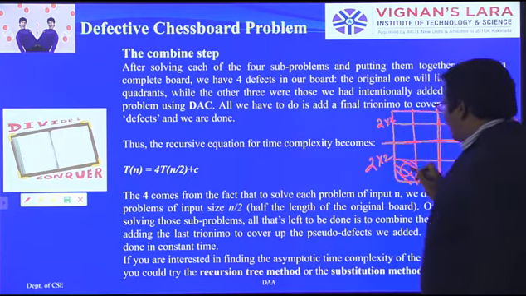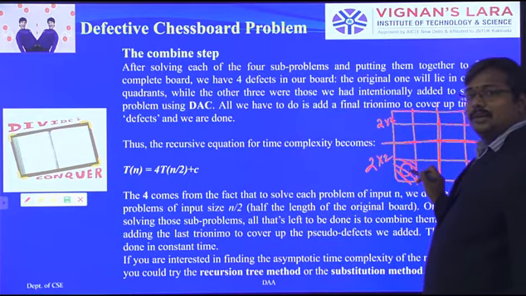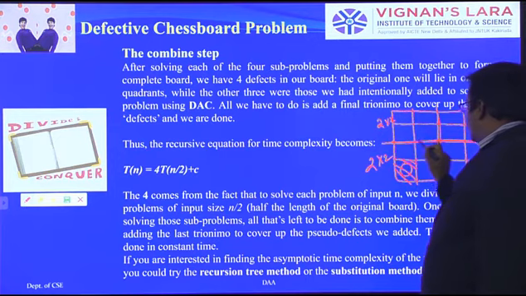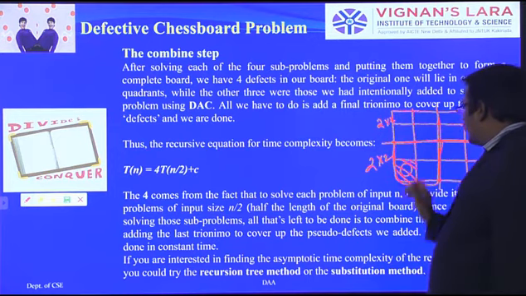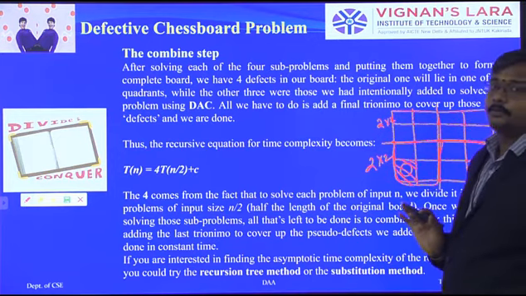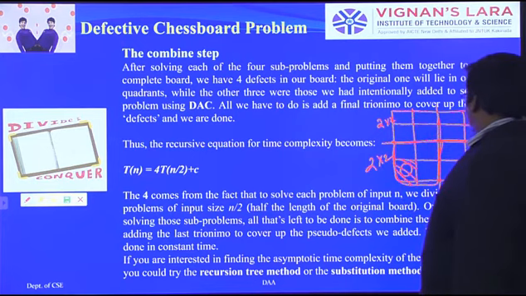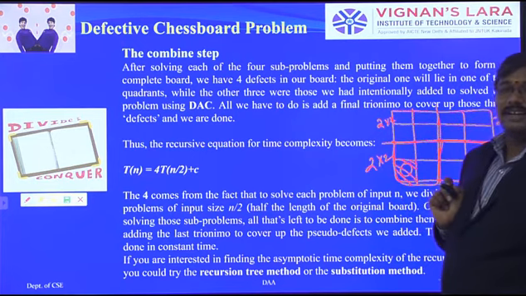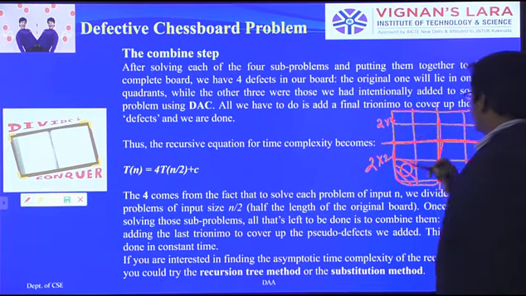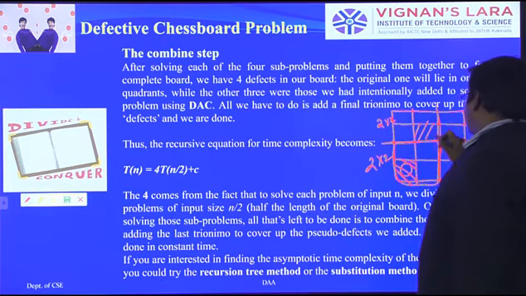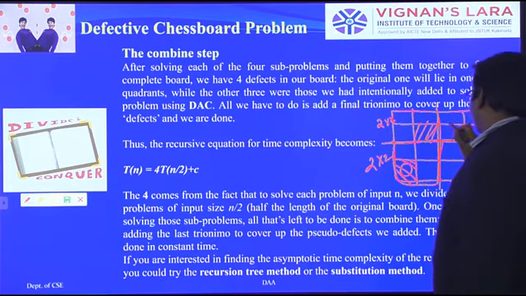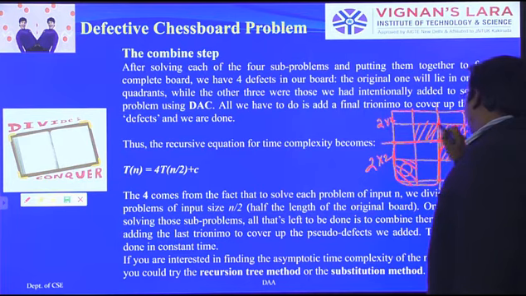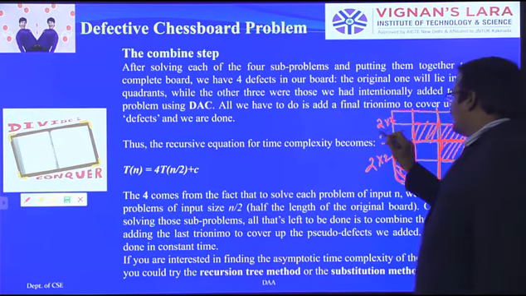So here one defective tile is there, so this 2 by 2 chessboard doesn't require any defective tile. The rest of these 3 need defective tiles. So that's why I have taken that in this chessboard this is a defective tile, in this chessboard this is a defective tile, in this chessboard this is one defective tile. Means that it is one triamino shape.